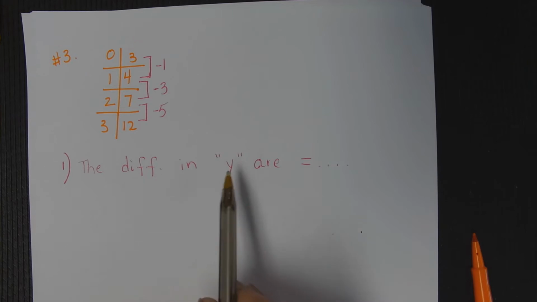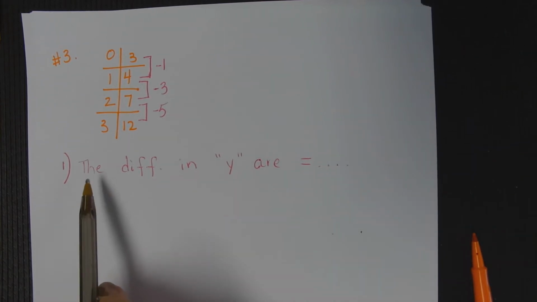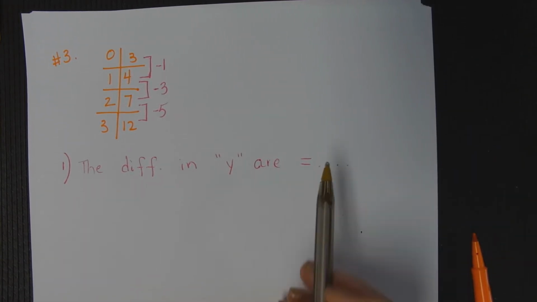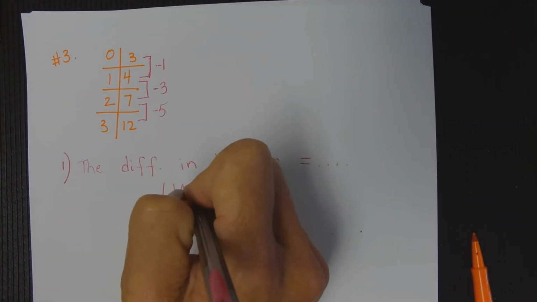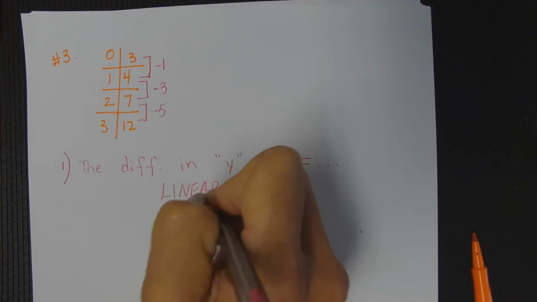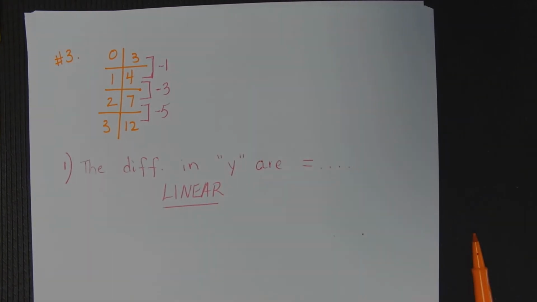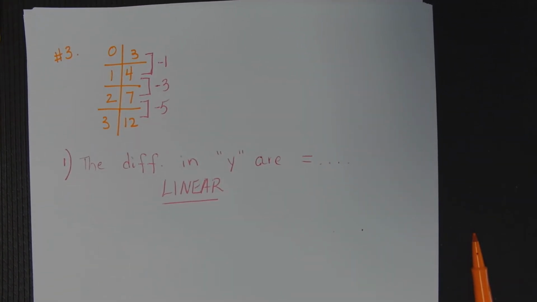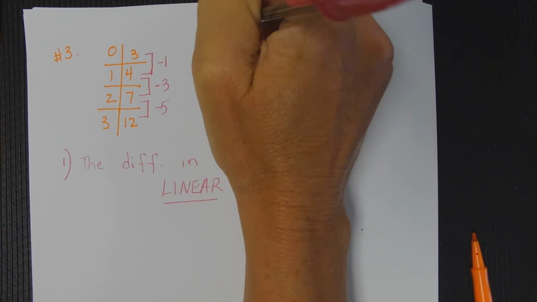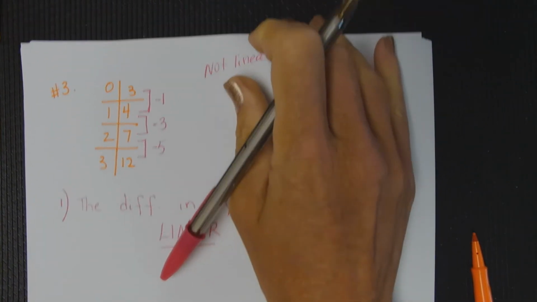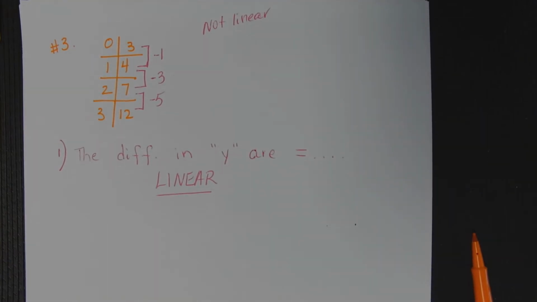Do y'all see that? Well, let me finish my rule. If the differences in y are equal, then we are talking about a linear equation. So number 3 is not linear. I'm actually going to write this, not linear.